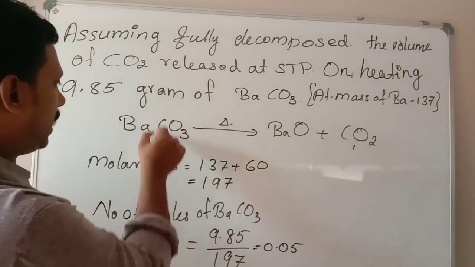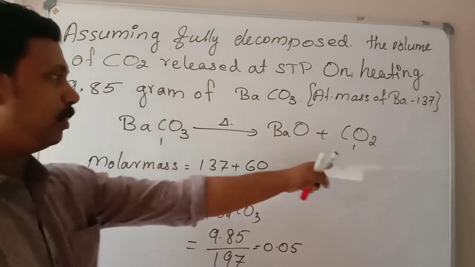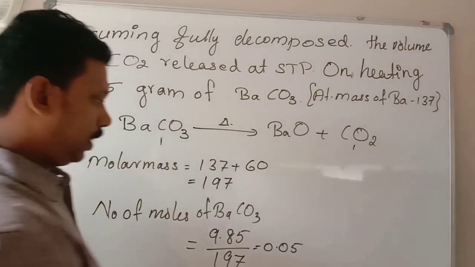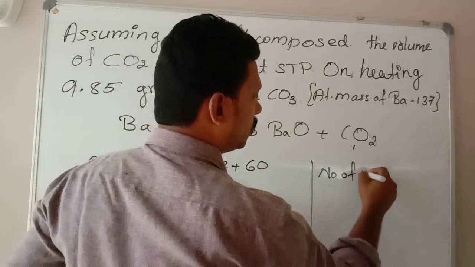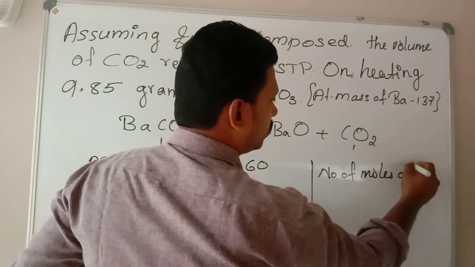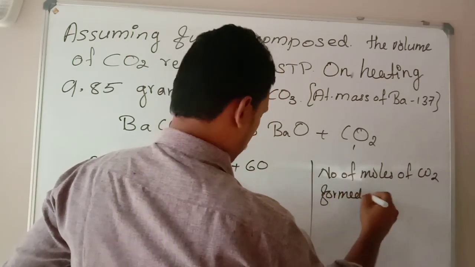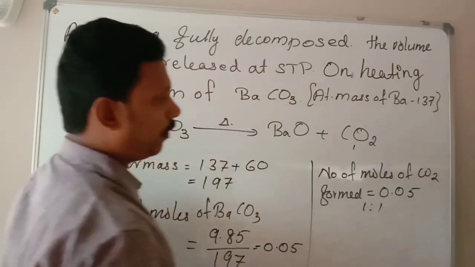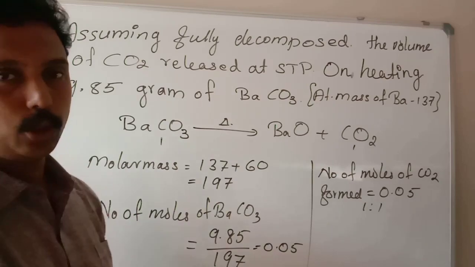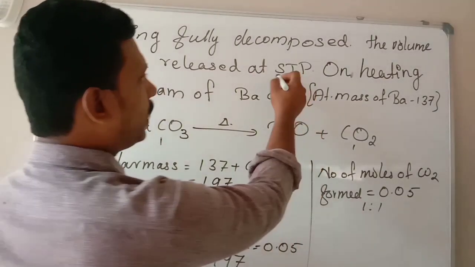I told you that X by A is equal to Z by B. You can do that, but here A and B are 1, so X is equal to Z. Number of moles of CO2 formed is equal to 0.05 itself, because the ratio is 1 is to 1. Barium carbonate to carbon dioxide ratio is 1 is to 1. So the same number of moles of CO2 is formed, but it is formed at STP.